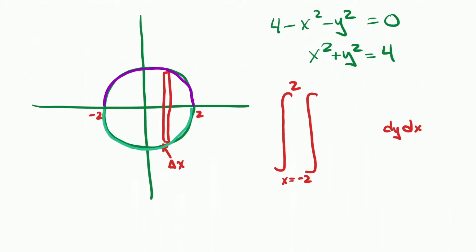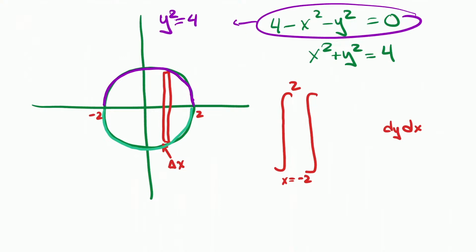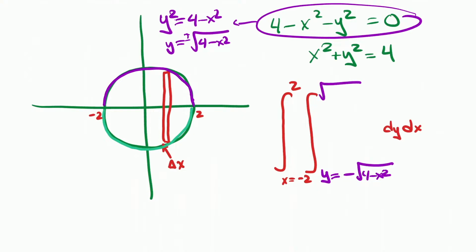So I need to be able to express those. And I'm going to use this to express them. Specifically, y squared is 4 minus x squared, which means y is plus or minus the square root of 4 minus x squared. So the negative radical is on the bottom, and the positive radical is on top.